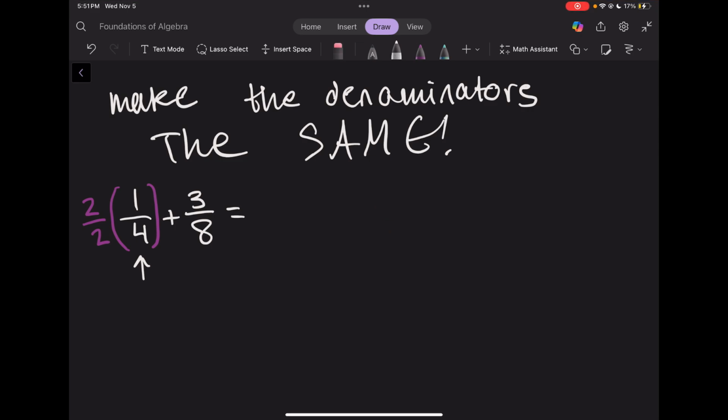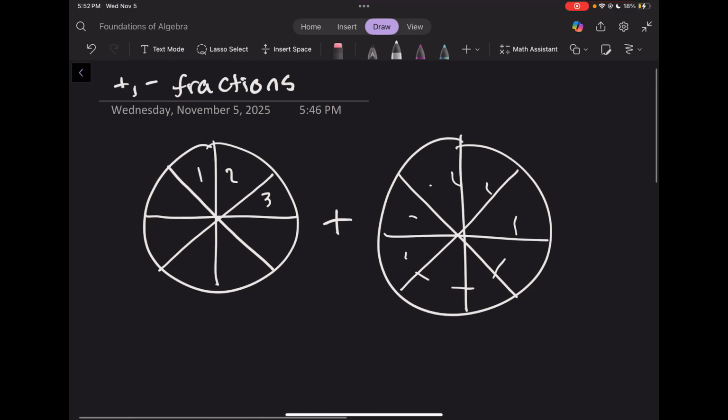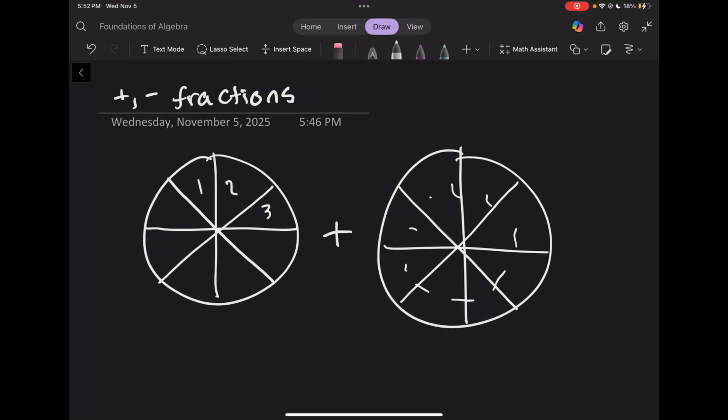So then, if I multiply this by 2/2, I get 2/8. And this is the same thing as 1/4. If we go back to our pies, 2/8 is the same thing as 1/4.